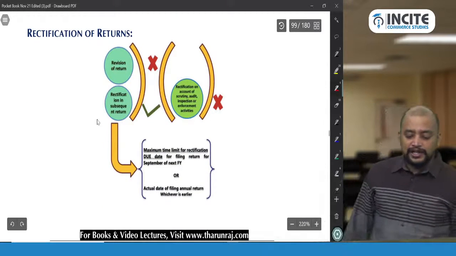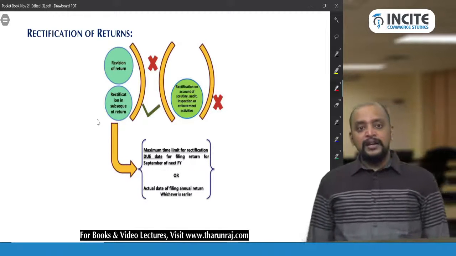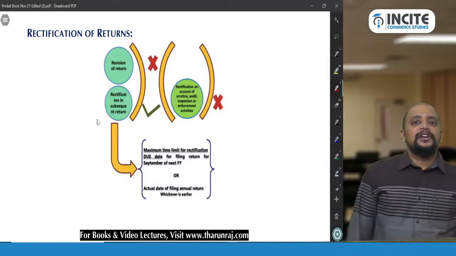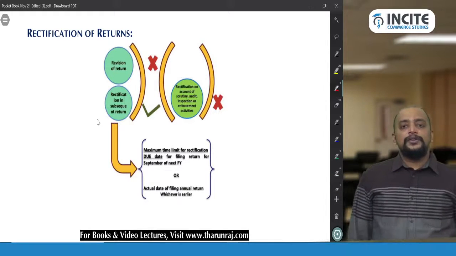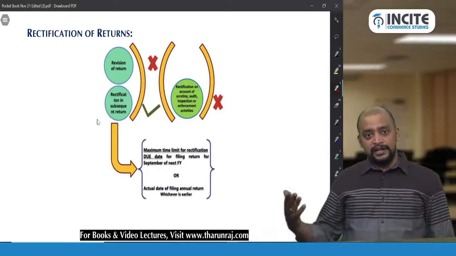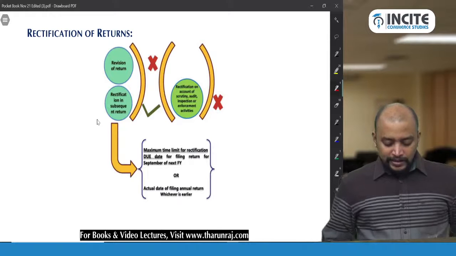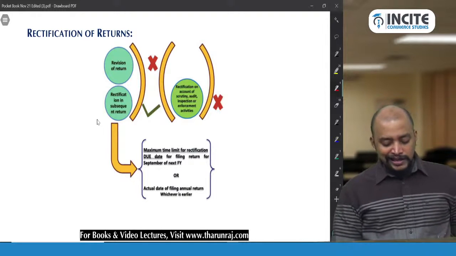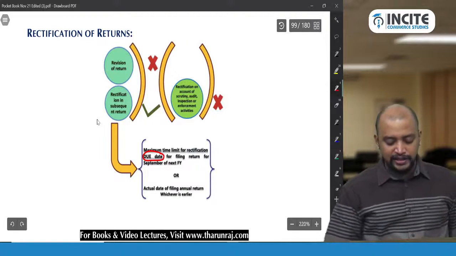Now, rectification of return. There is a time limit for rectification of return. First, the date on which the September month return needs to be filed. There is a confusion as to whether we should take it as the due date or the actual date.